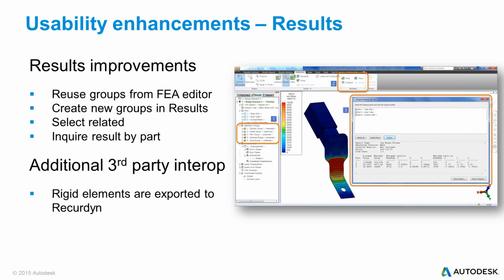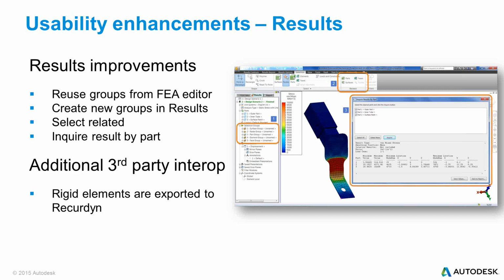The results environment has also seen its share of improvements in this release. Probably the biggest improvement to the results interface is the addition of selection groups. You can now create selection groups containing elements, faces, nodes, parts, or surfaces directly within the results interface.